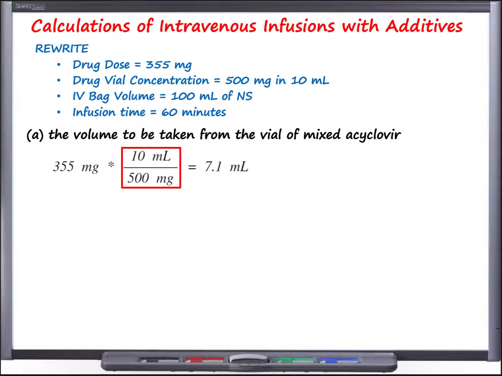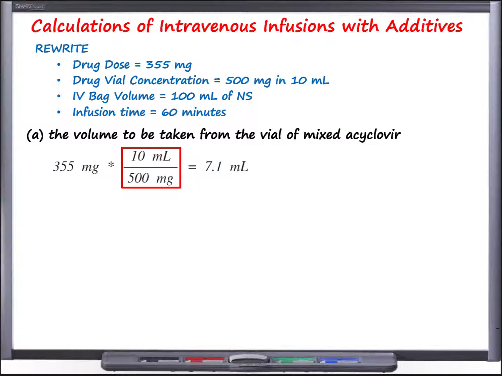The vial contains 500 milligrams, and we're going to reconstitute it into a final volume of 10 milliliters. So let's multiply it by the concentration, expressed as 10 milliliters on top over the 500 milligrams of drug. We multiply this way so that the units of milligrams will cancel, and if we do the math from left to right, you would get 7.1, and the units would be milliliters.